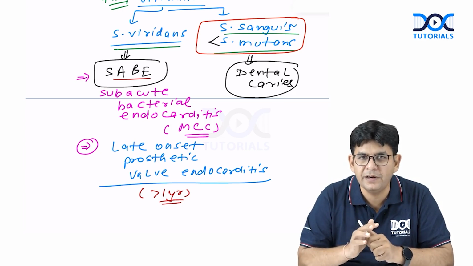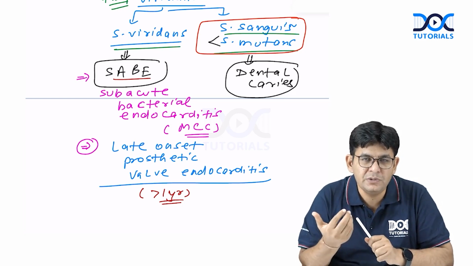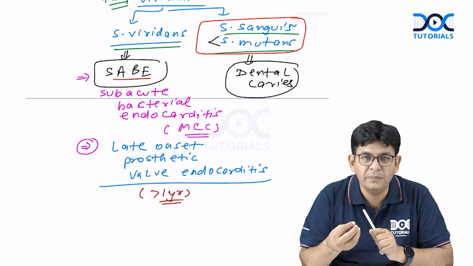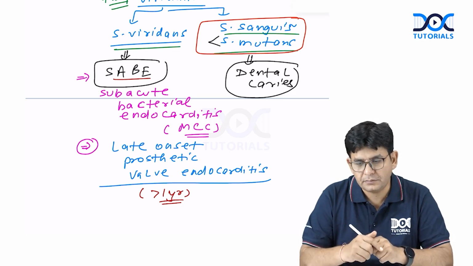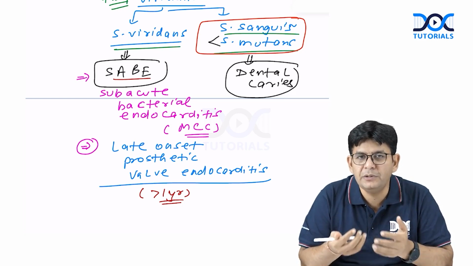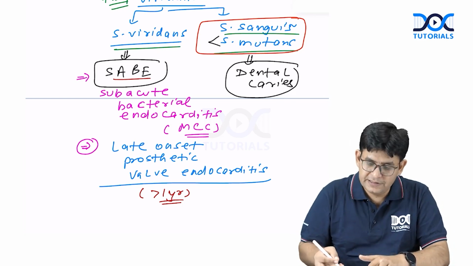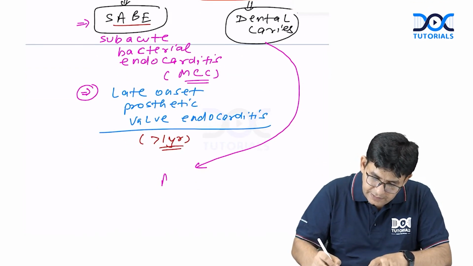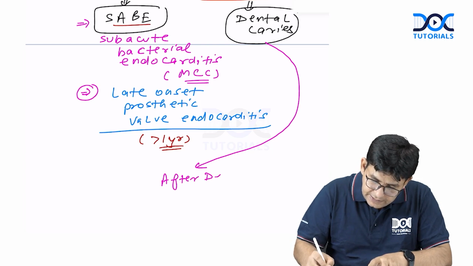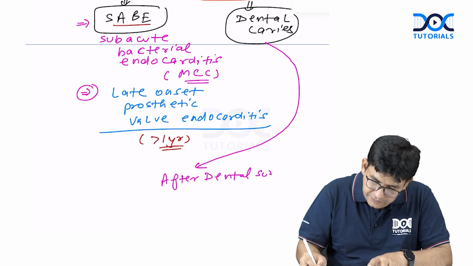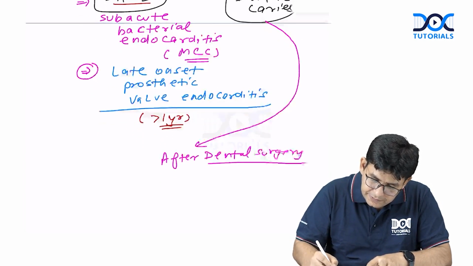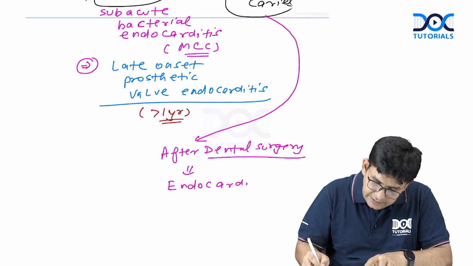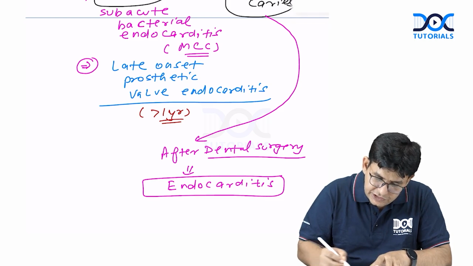A high grade fever happened, and when the physician examined the patient properly, he could appreciate that a murmur is also there. So guys, what has happened to the patient after 2 to 3 weeks? The answer to this question is, after this dental surgery, if all these features come up, the patient is having what, guys? Endocarditis.